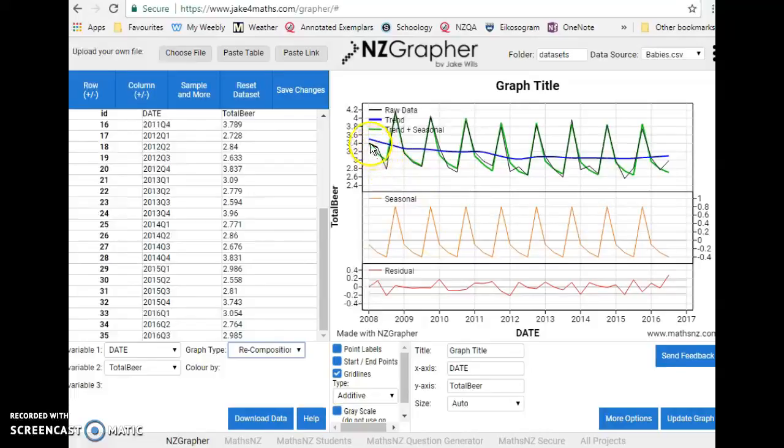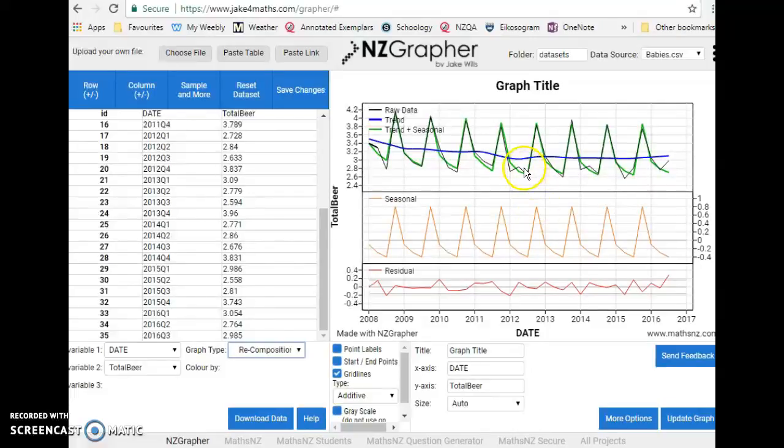Above that, we've got a few things happening. The black is the raw, it's this data here. The blue is your moving mean, like we've been practicing on Excel. So that's taken out any seasonality, just smoothed the data. The green is an addition of the blue plus the seasonality.